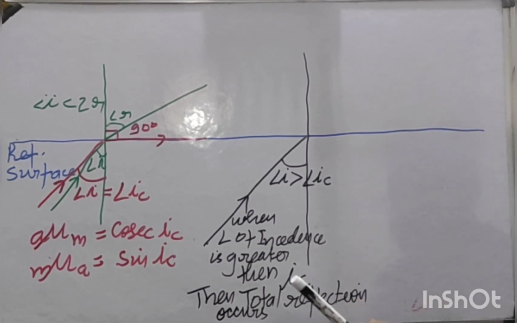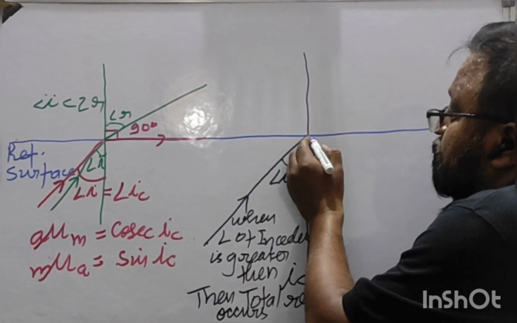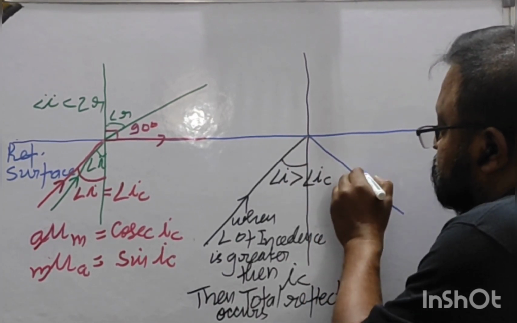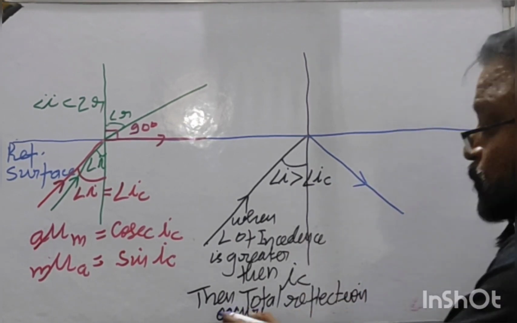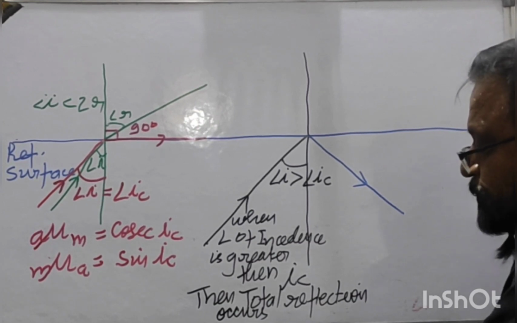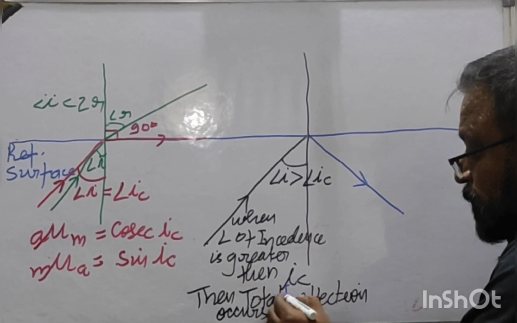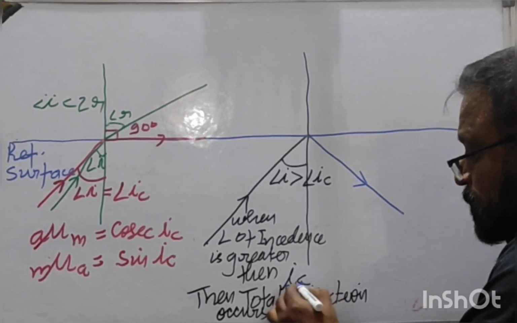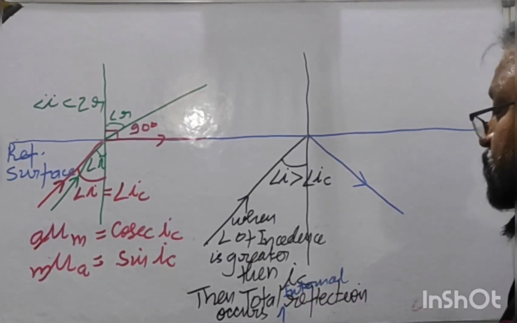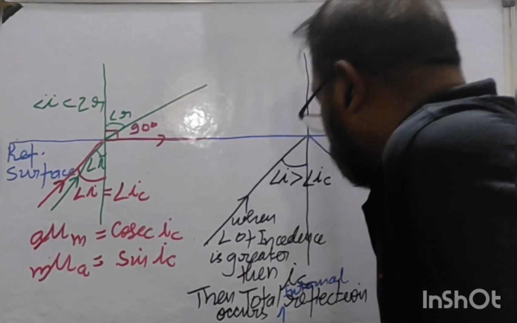So the light ray comes back in the same medium. This phenomenon is known as total internal reflection. Right, this is called TIR, total internal reflection.